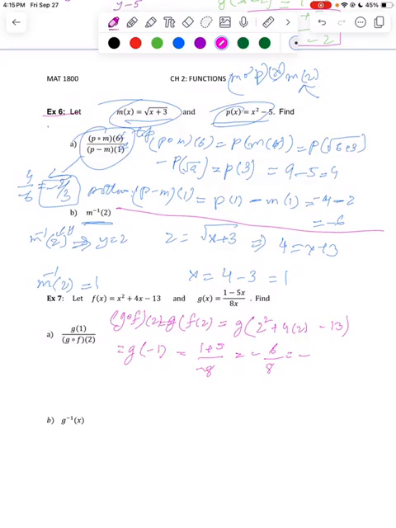But that is not our final answer, remember? So now I have to find g of 1. So g of 1 will be 1 minus 5 over 8. So it will be negative 4 over 8, or negative 1 half.